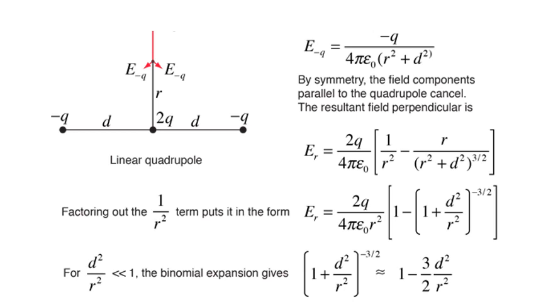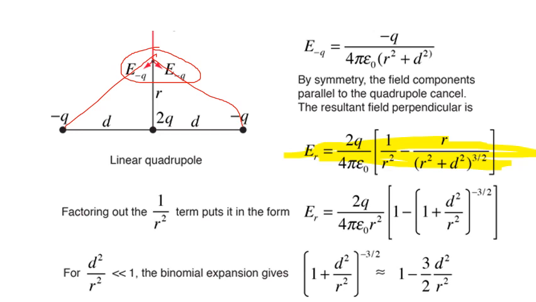We can calculate the field at any place just by taking the distance from here to here. By symmetry, the total field parallel to the quadrupole moment cancels, and the resultant perpendicular field is written here. The derivation is not asked in the syllabus, so we have omitted it.